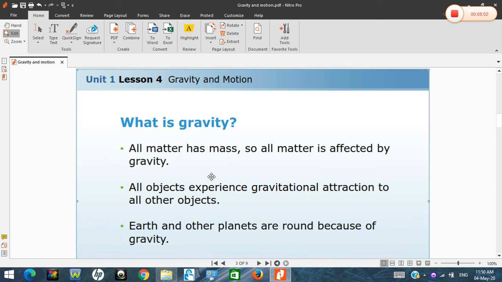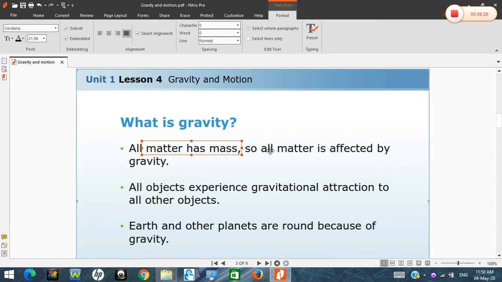So when an object has a big mass, it is affected by high gravity. So there is a relation between mass and gravity. We know all matter has mass, right?